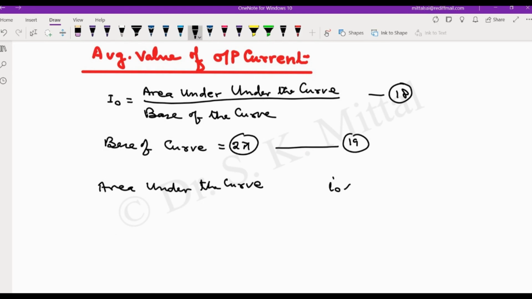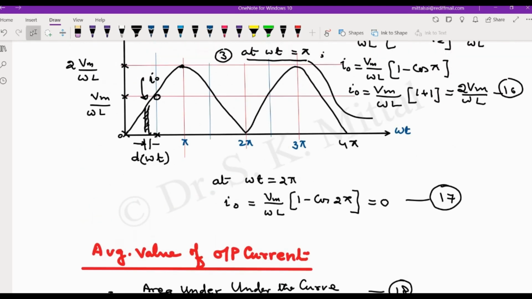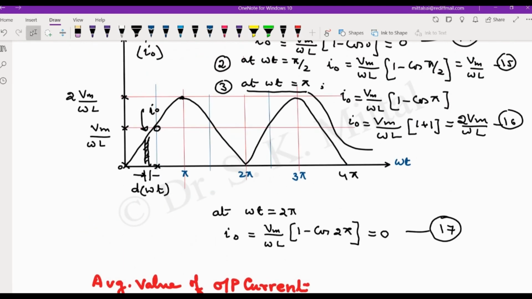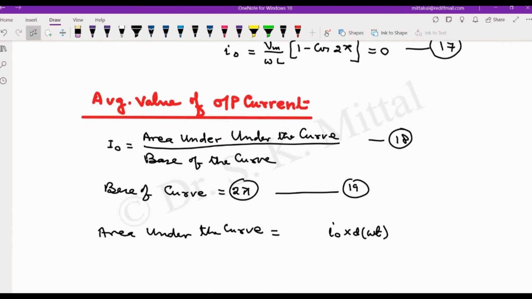I0 multiplied by d omega t. Since our base is of 2 pi, therefore area will be considered for 2 pi. So therefore this will be integrated from omega t is equal to 0 to 2 pi.